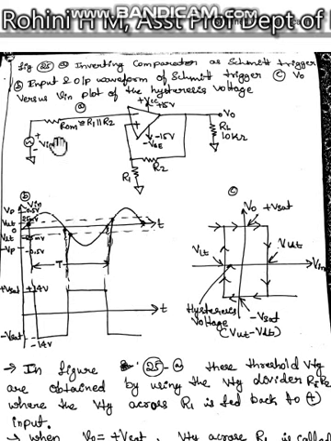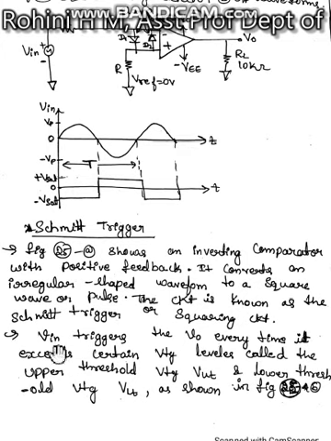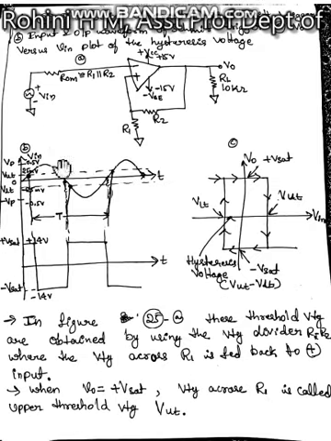Here we are applying the input voltage to the negative terminal. Here is the resistance, and this is the output voltage. Vin triggers the output every time it exceeds a certain voltage level, called the upper threshold voltage, and the lower threshold voltage, as shown in the figure. In this waveform you can see the dotted lines above the ground level.